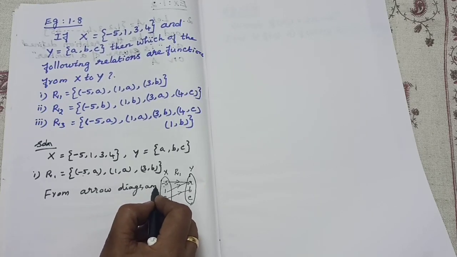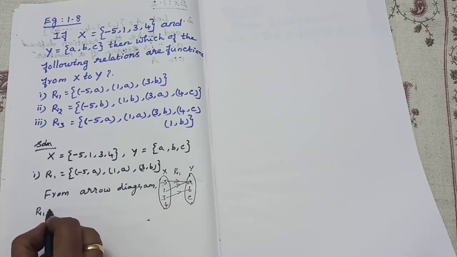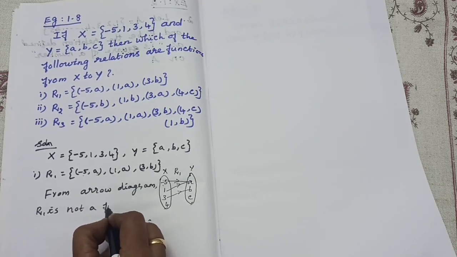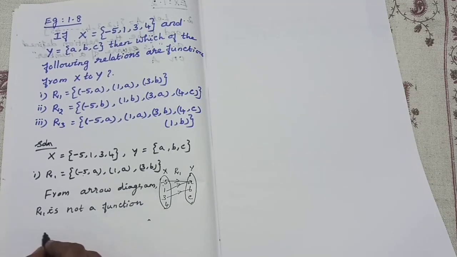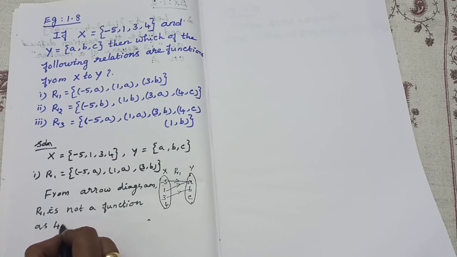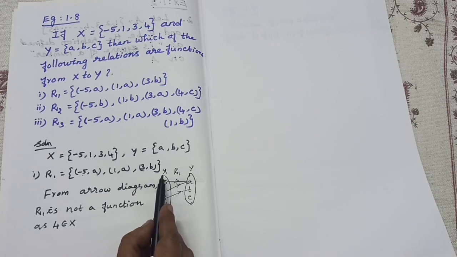From arrow diagram, R1 is not a function. Why? As 4 belongs to X, 4 belongs to X element, isn't it?